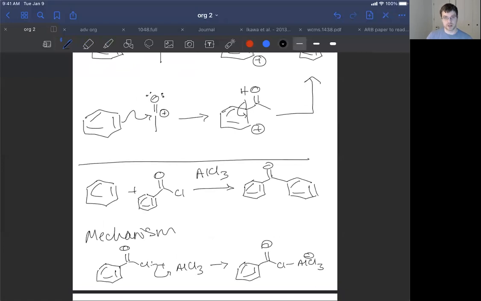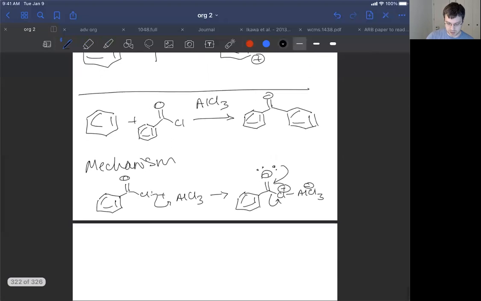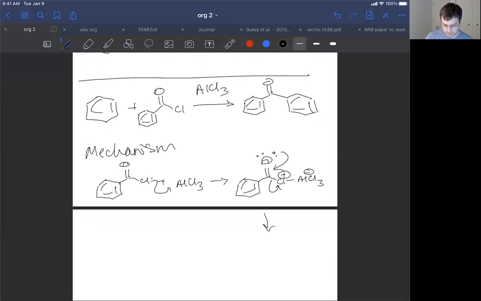So the resulting aluminum with the negative charge puts a positive charge on the chlorine atom. You could let that chlorine walk away just like this and put the positive charge at the central carbon, but you need to have that linearized. I like to have a lone pair coming down to remind me that I've got a triple bond, so I need to keep that linear. So I'm going to have my molecule sitting off this way.